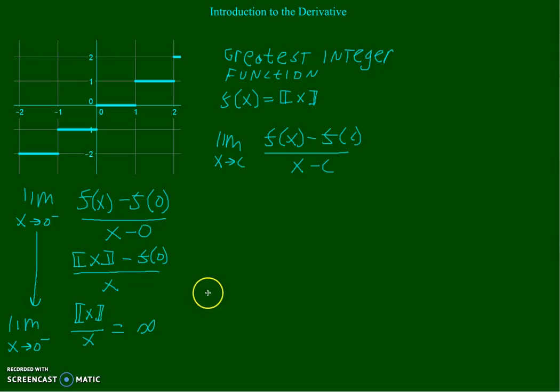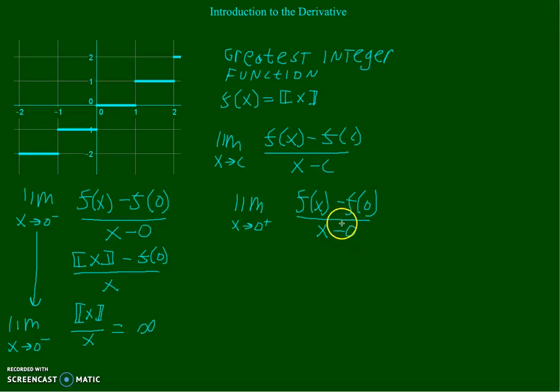So now we're going to do the same thing, and take the limit from the right. F of x minus f of 0 over x minus 0.